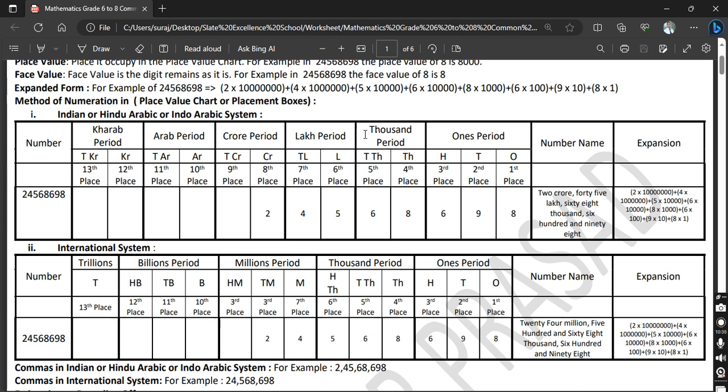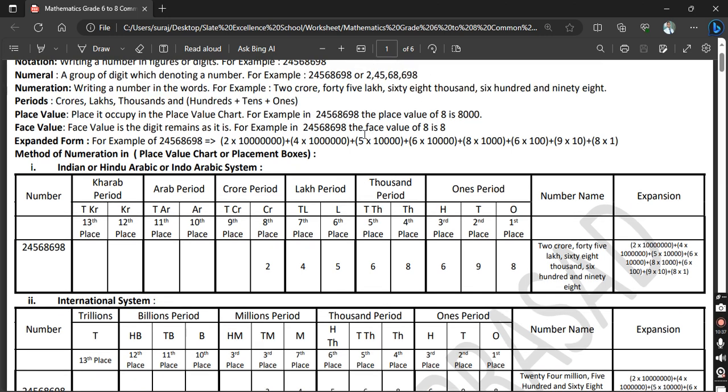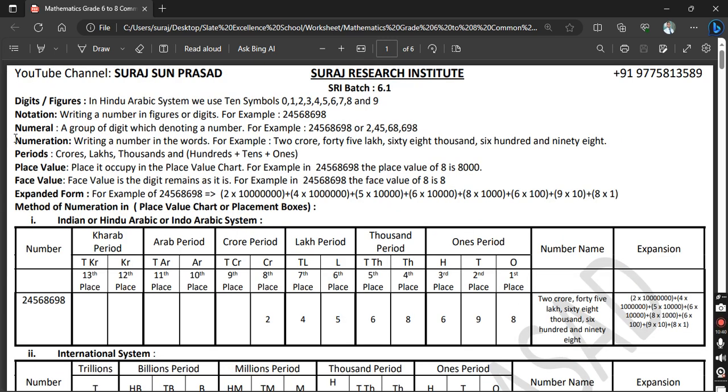If I need to write it in terms of names, how will I write it? As I have already written, let us come to the upper part, that is numeration. I think you are able to note it down, that I have written here 2 crore, same number I told, correct? Now this number, how I wrote it and how I inserted the commas, you will understand right now. After 2 I have placed a comma, because it is the crore period.